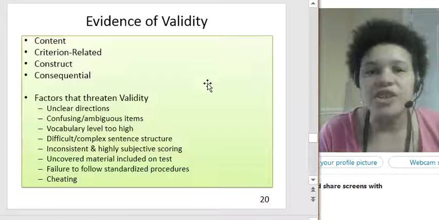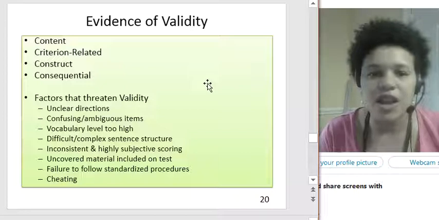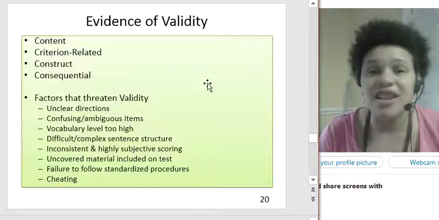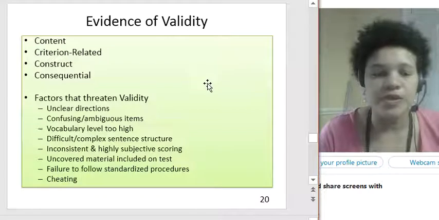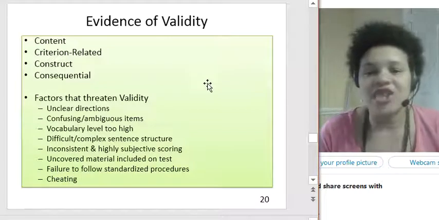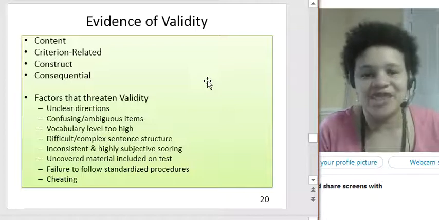Failure to follow procedures: if certain students get 30 minutes and another group gets 60 minutes, you may get scores that are not valid, not reflecting what they're designed to measure, in terms of one group of students versus another. And of course cheating. You're not going to get the true score for an individual if they have cheated.